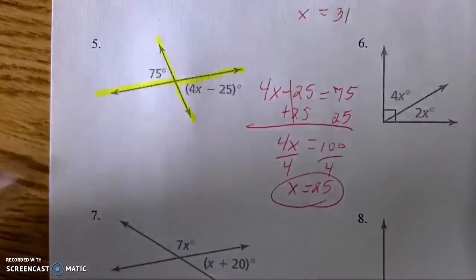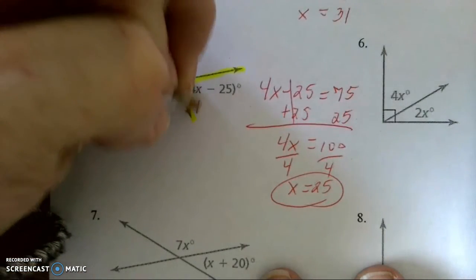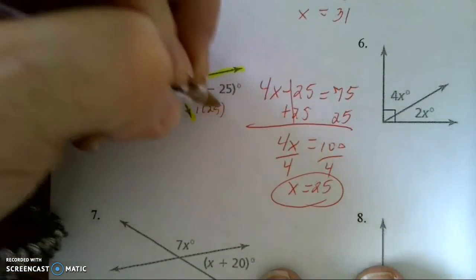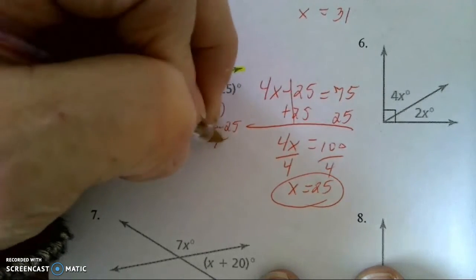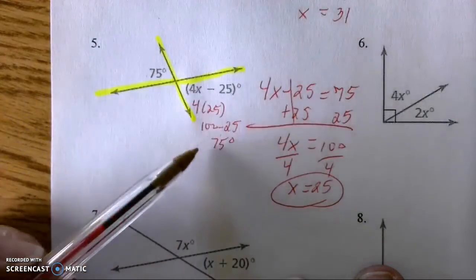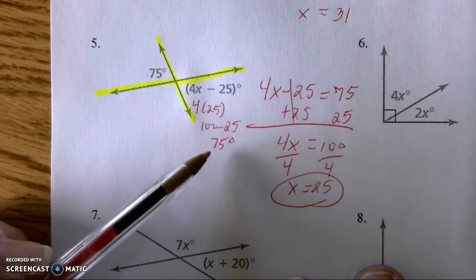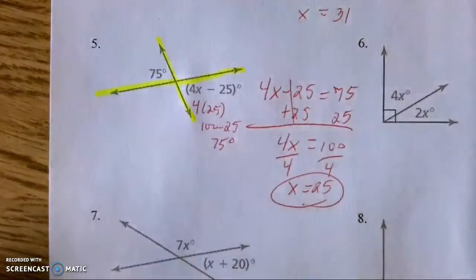That's the value of x. To find the angle measure, I do 4 times 25, which is 100, minus 25, and I've just proved that this is also going to be 75. So we're solving for x to find the missing angle measure.